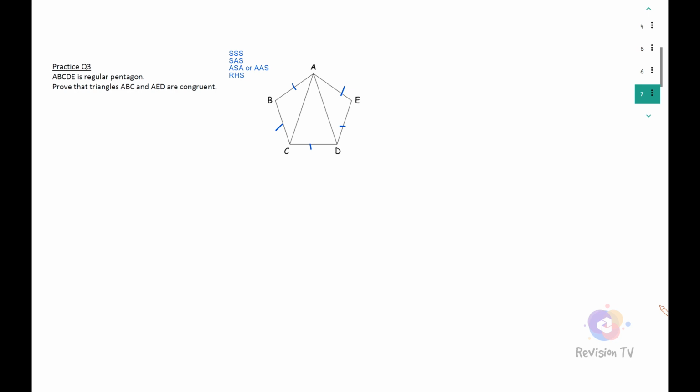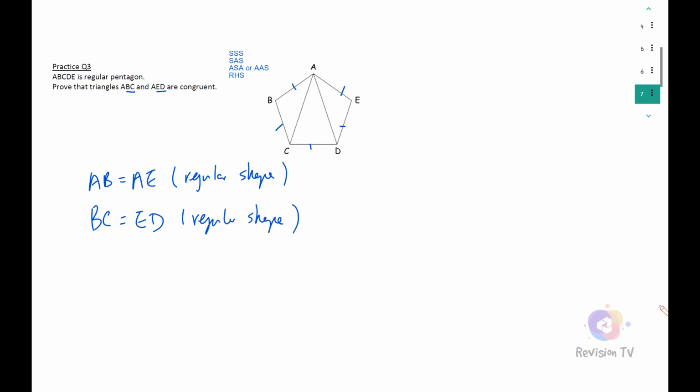Well, first of all, because regular shapes have equal lengths, straight away we know length AB equals length AE because of regular shape. And then BC equals ED, so regular shape again.